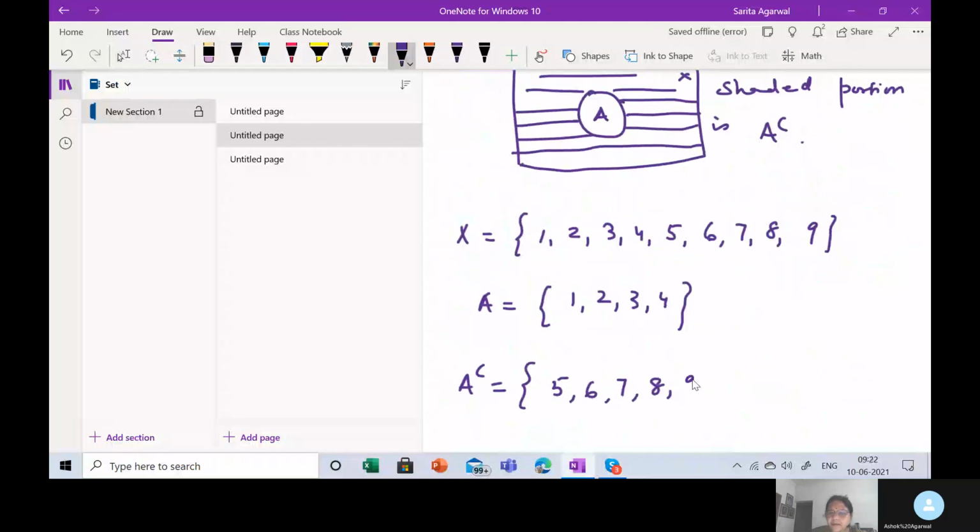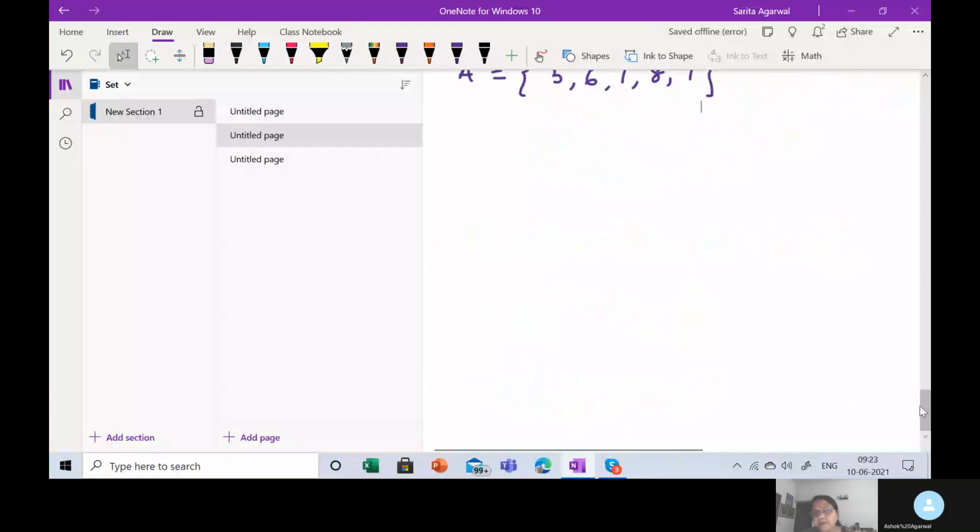Those are the elements which are not in A. And you can see that A union A complement is the universal set. A has 1, 2, 3, 4, A complement has 5, 6, 7, 8, 9. So when we combine them, we get our universal set.